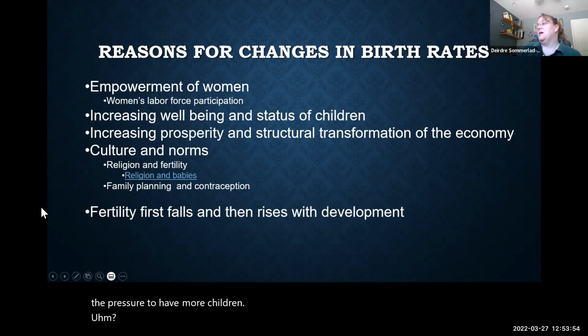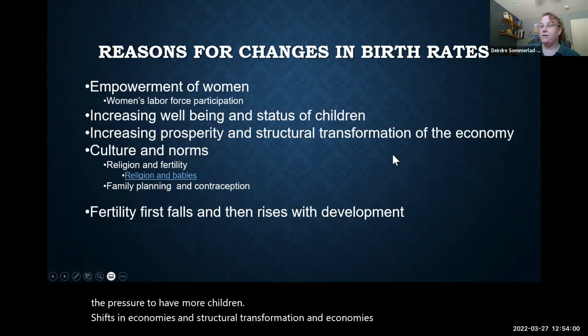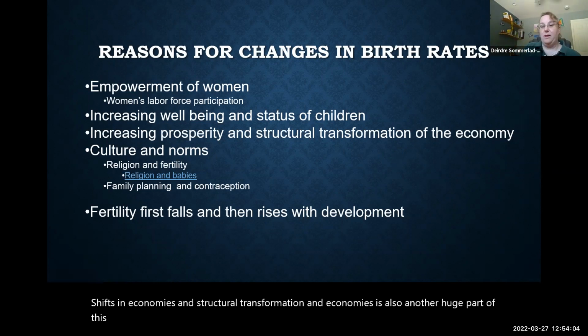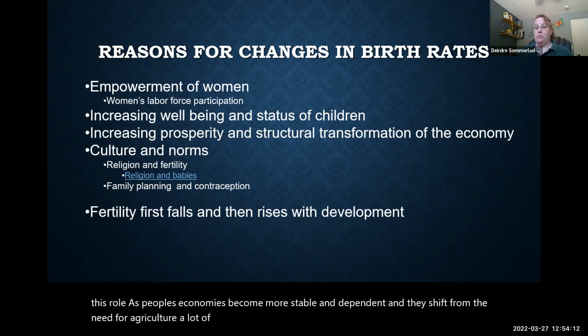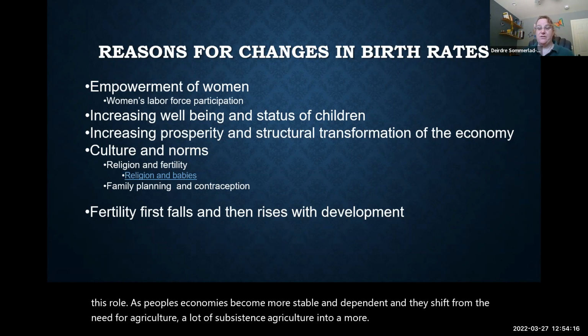Shifts in economies and structural transformation in economies is also another huge part of this role. As people's economies become more stable and independent, and they shift from the need for subsistence agriculture into a more centralized agriculture, we see some of these shifts too.